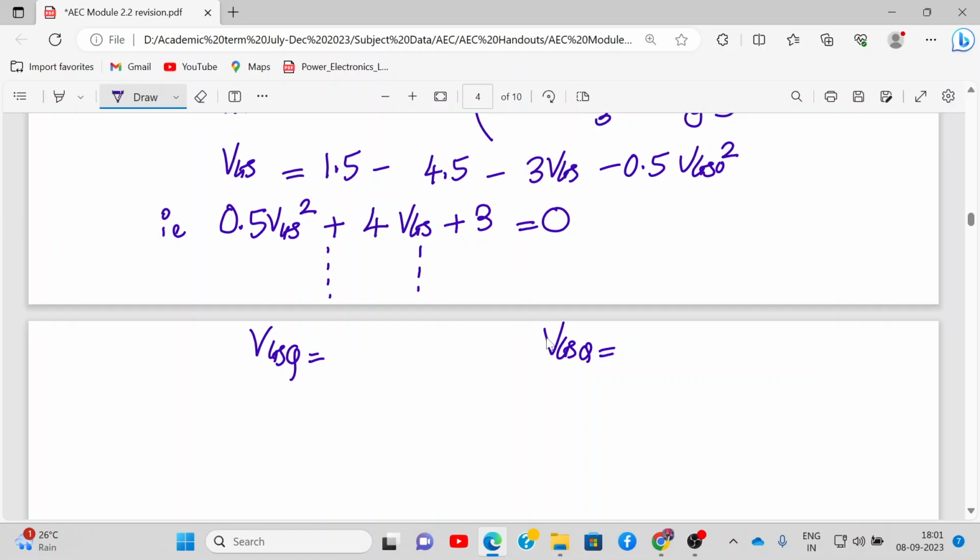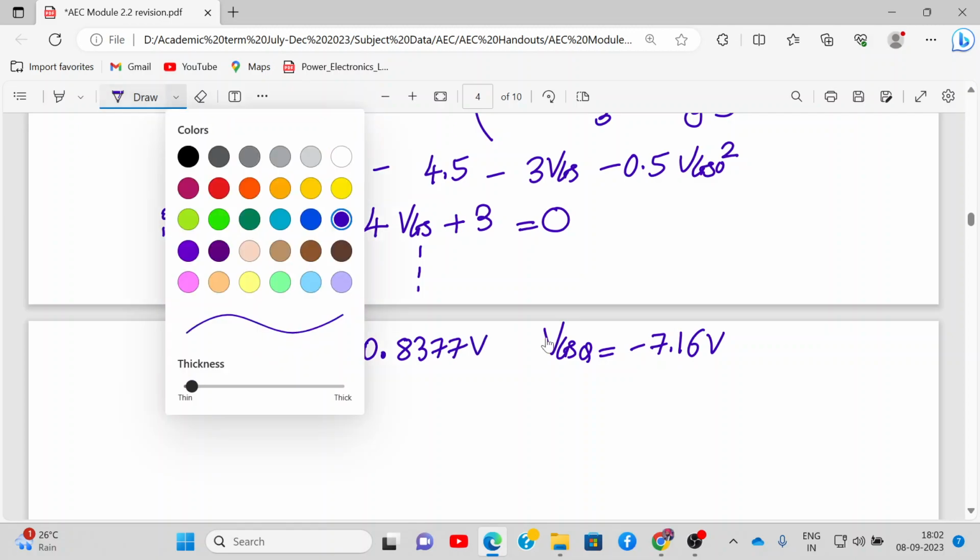What is VGSQ? It's minus 7.16, sir. And the second value will be minus 0.837. Okay. Now which value is correct?